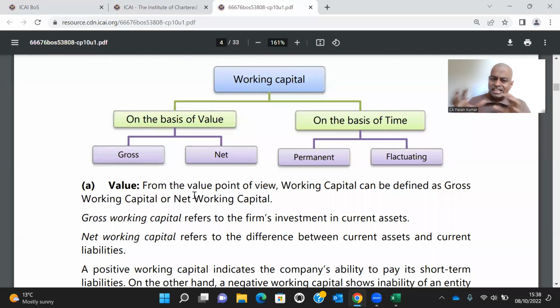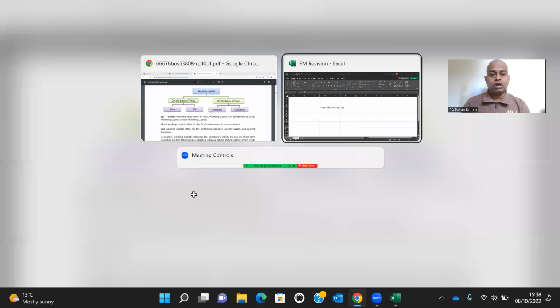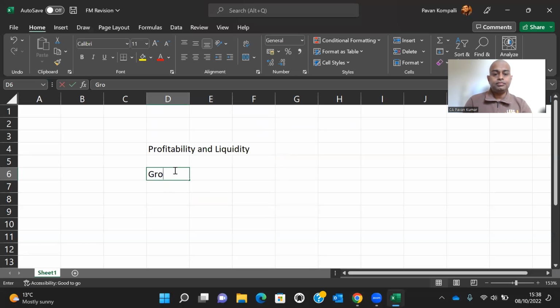Now they have given a classification of working capital based on the concept or value: gross working capital and net working capital. What is gross working capital? Simple. It is the sum of current assets, that means total current assets.